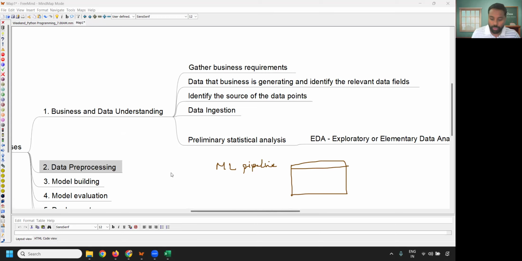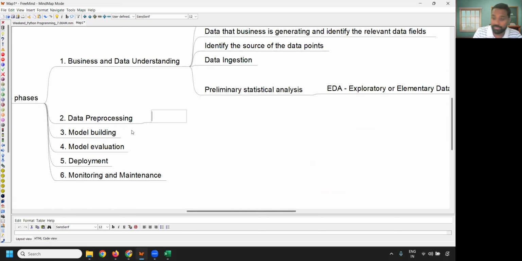The gaps could be missing data. Some fields might be missing. Some might be exceptional cases. Those are outliers, right? So refine the data to get the data arranged in a two-dimensional table structure.